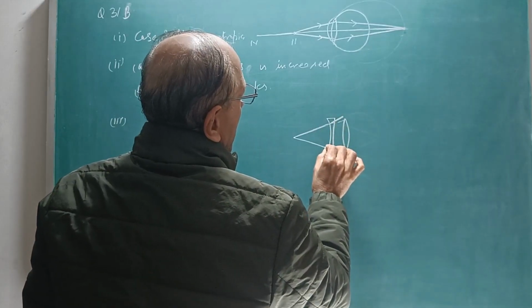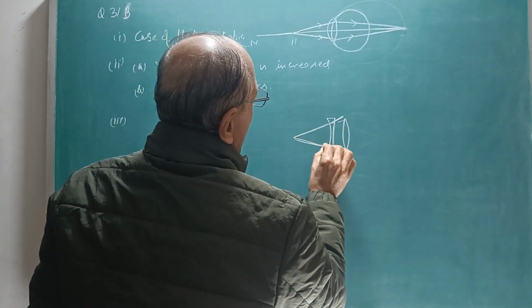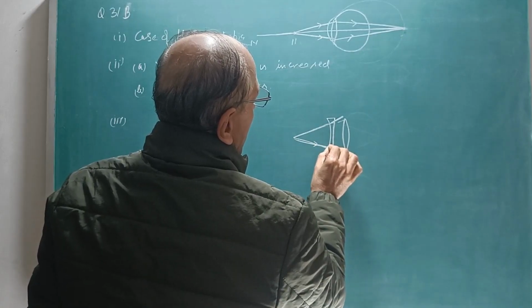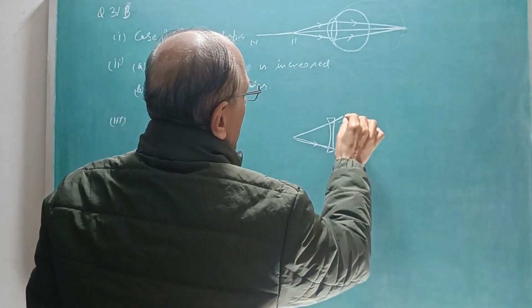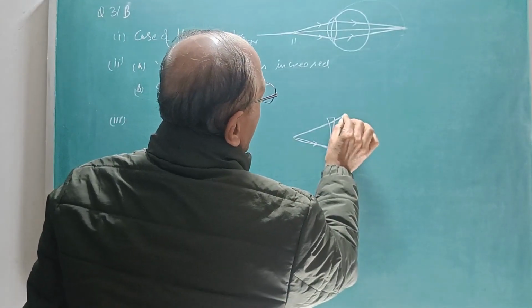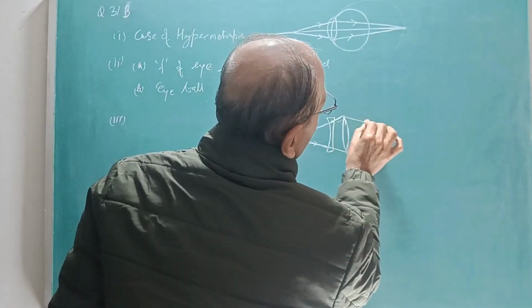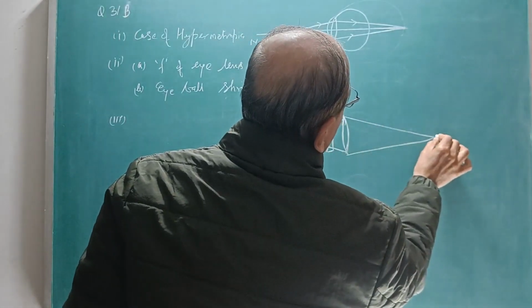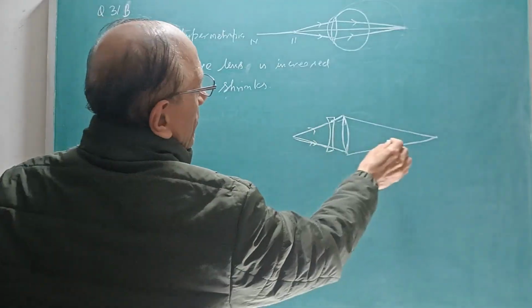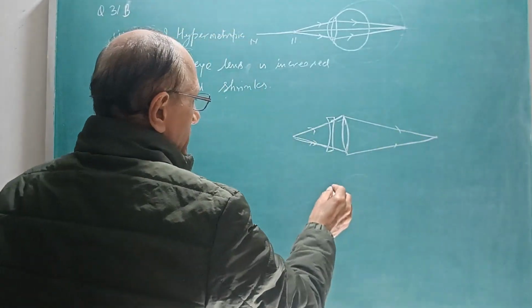These rays will further diverge, and the eye lens has to converge them at a much larger distance.